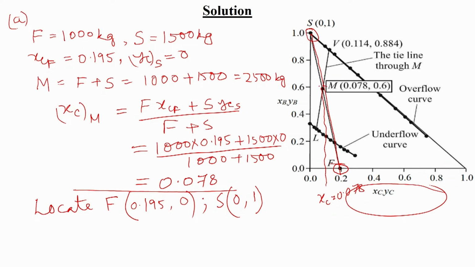Then we will be getting this M. So, now we have S and F, and the mixture point will be like this, 0.078, and from here, y will be around 0.6. So, it is like here. So, we are getting this M here, placed on this line.